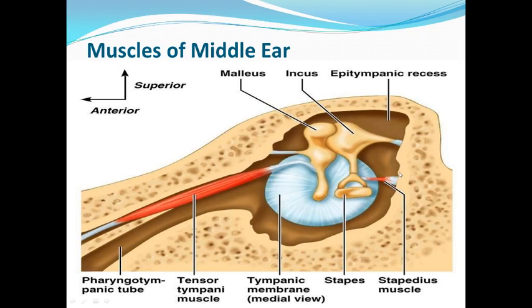Similarly to the tensor tympani, the stapedius muscle arises from the wall of the canal in which it lies, and it is inserted into the posterior surface of the neck of the stapes.